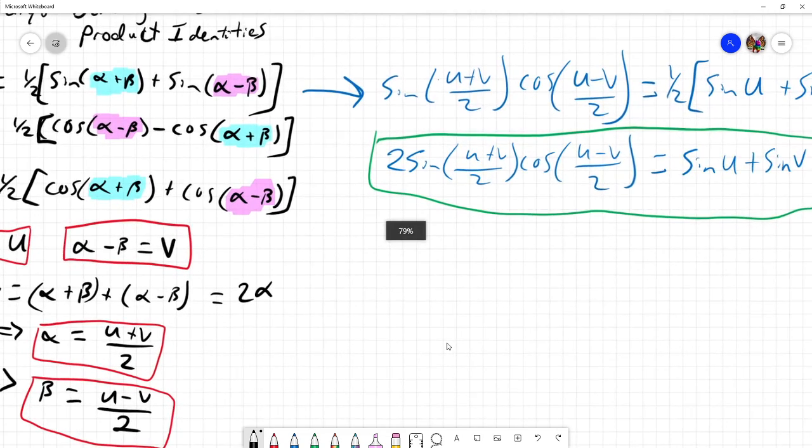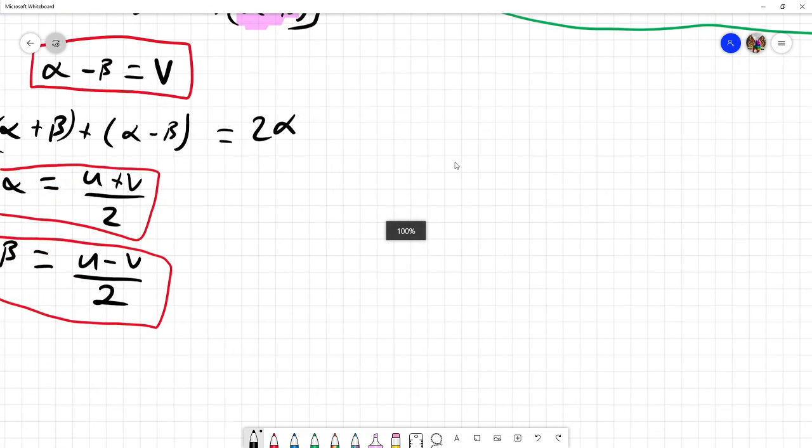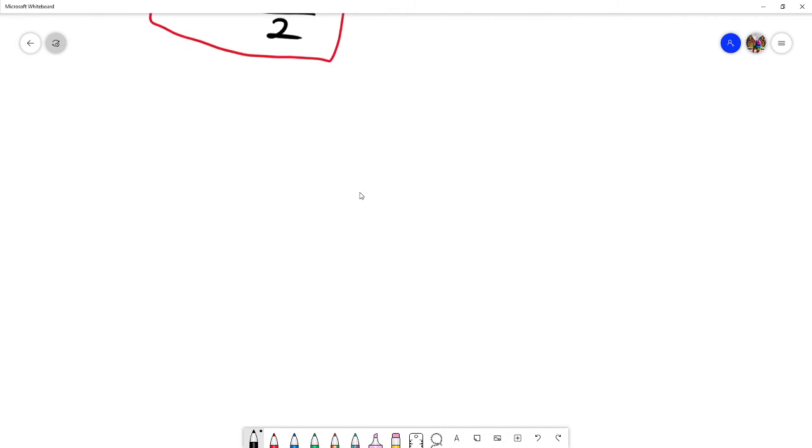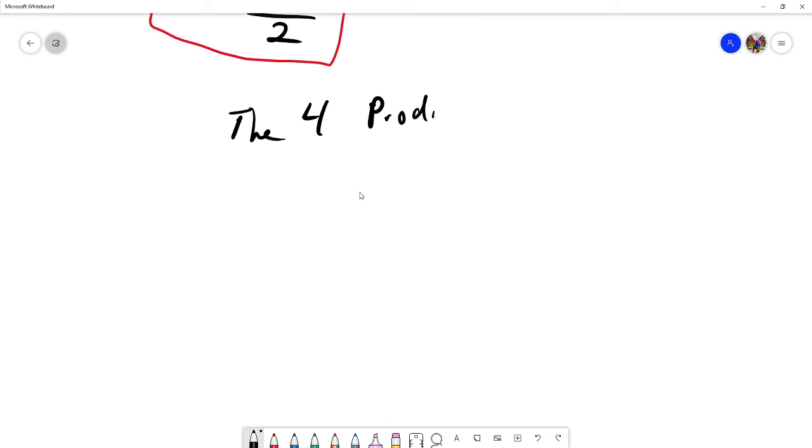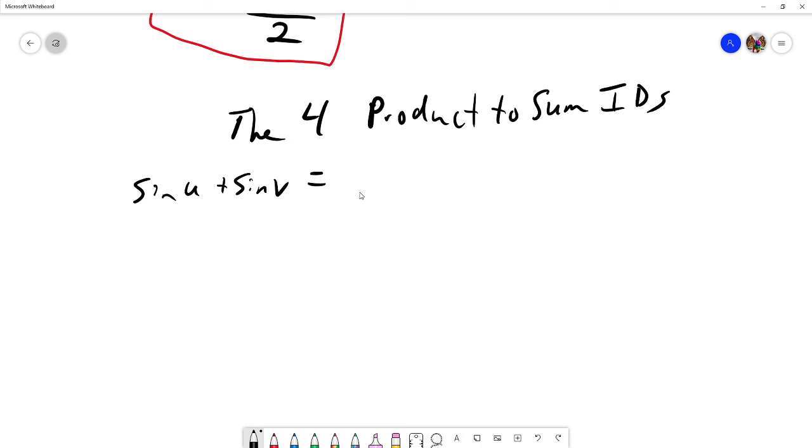So we'll zoom in now, and we'll just list the four sum to product identities. We have sine of u plus sine of v is equal to 2 sine of u plus v over 2 times cosine of u minus v over 2.